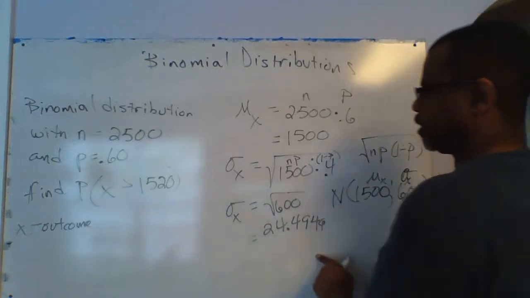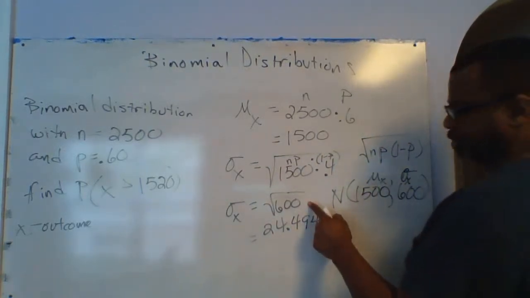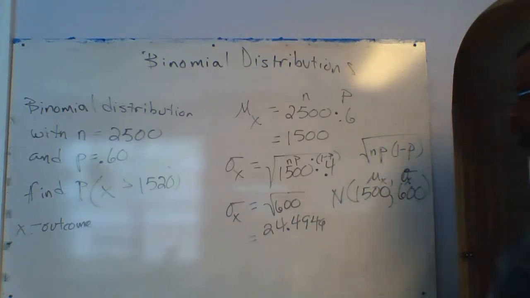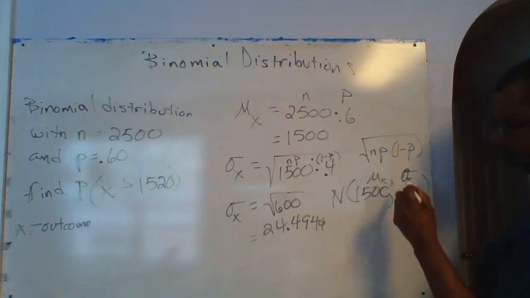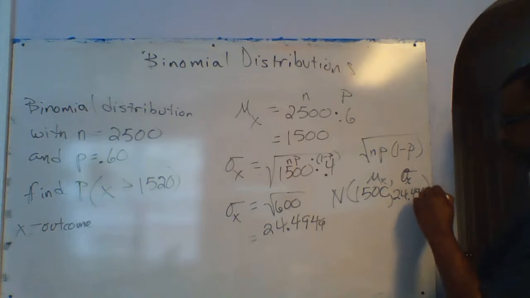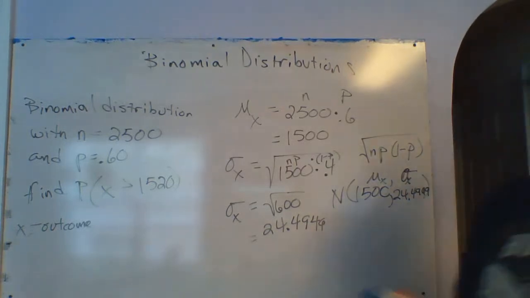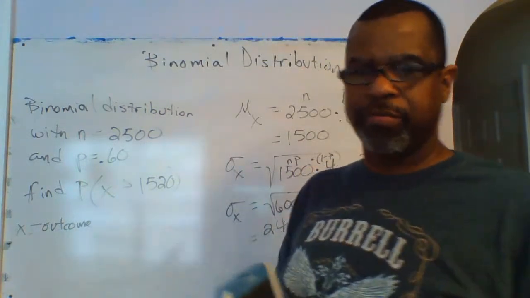So this is going to be our standard deviation. I should have put 600 up under here. That's my bad. So now we should have 24.4949. So that's right, Brianna. Okay, there we go.